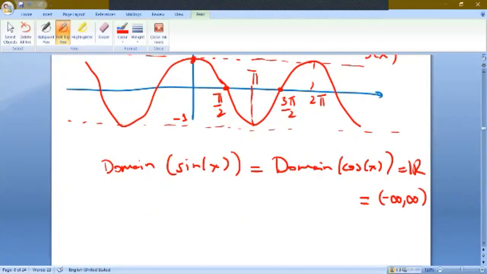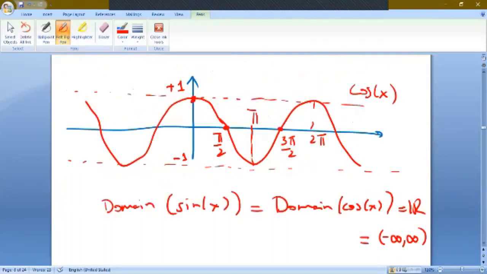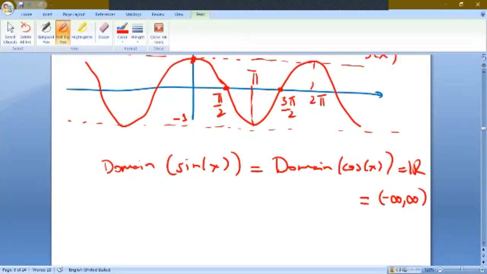Then you have the projection of that angle onto the horizontal and the vertical axis. The projection onto the horizontal axis will give you the cosine of the angle, and the projection onto the vertical axis will give you the sine of the angle. And as you can see, both of them have the same range. They keep taking values between +1 and -1. So that's also very important to know.